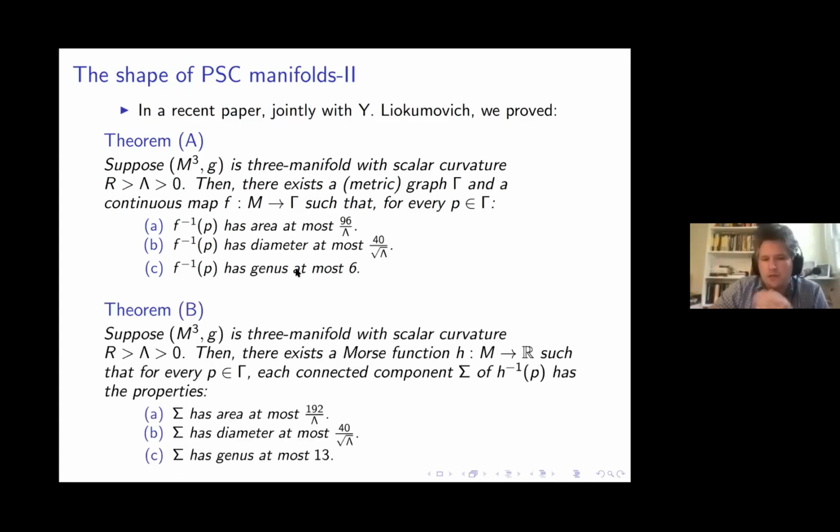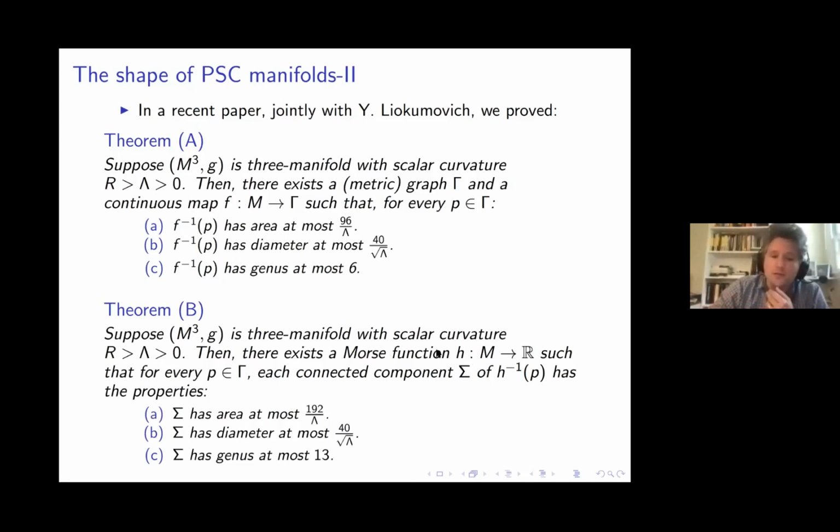And we have another version where instead of getting a map from the manifold to a graph, we can construct a Morse function. This is just preferred in some applications of these foliations of manifolds. We're basically gluing in the preimages to make them level sets of a Morse function.